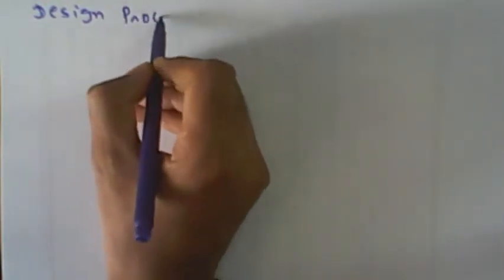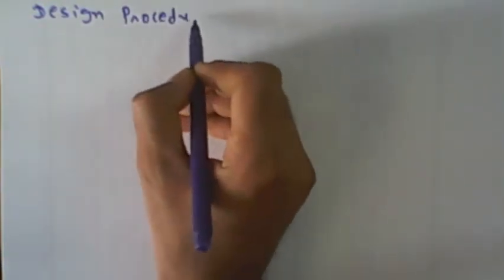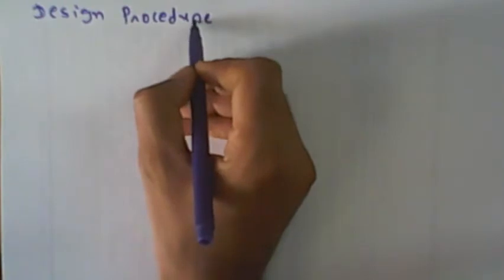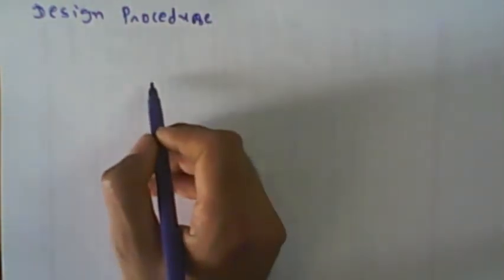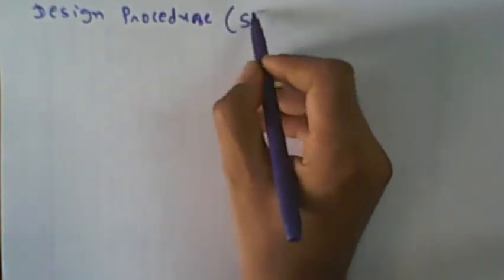Let's first start with the steps to design a combinational digital circuit. It is called a design procedure, or design steps.